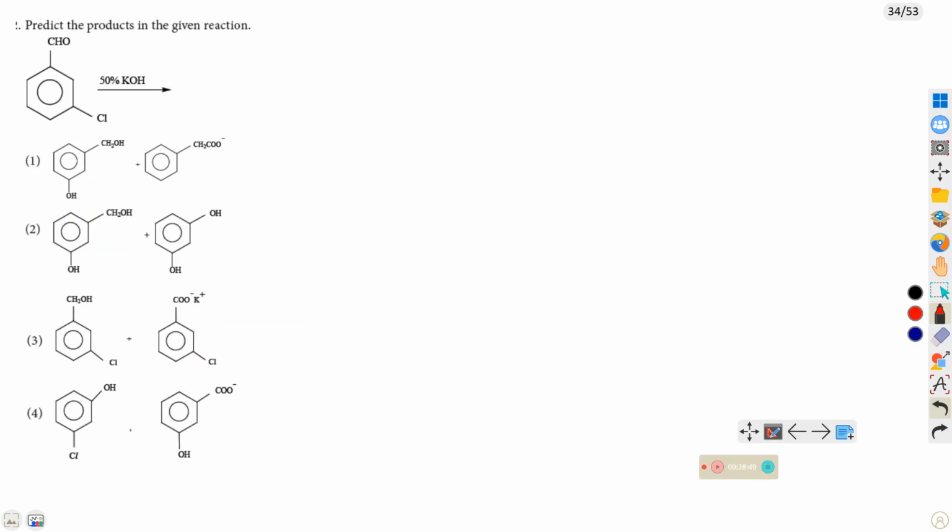Predict the product in the given reaction. An aldehyde reacts with a strong base, without alpha hydrogen. Aldehydes without alpha hydrogen react with a strong base, so the reaction is considered a Cannizzaro reaction.